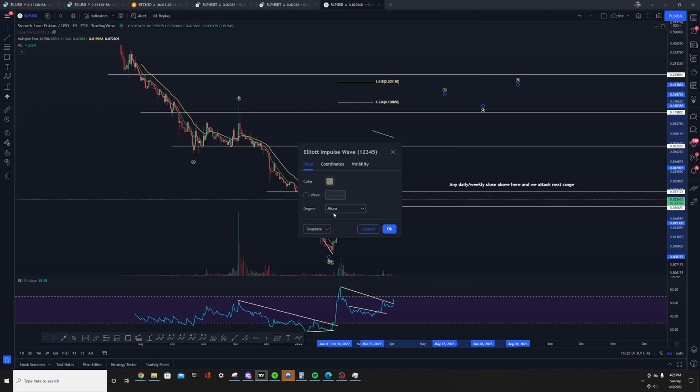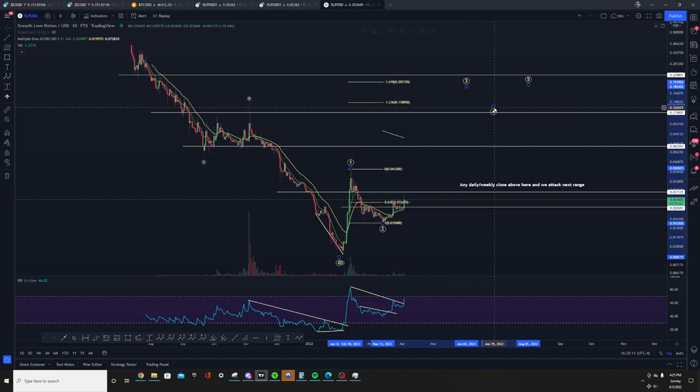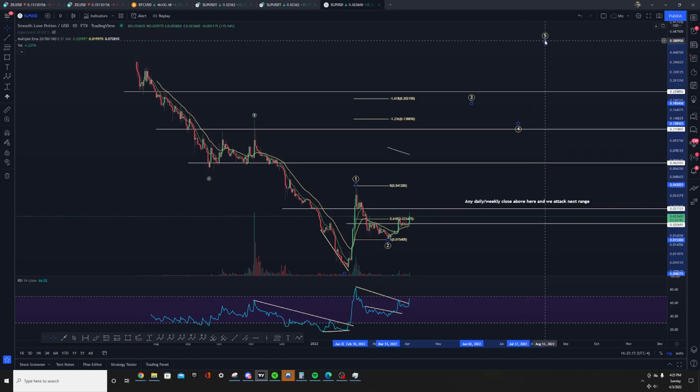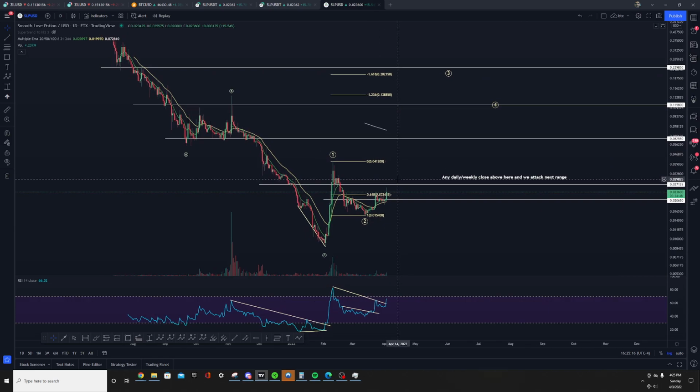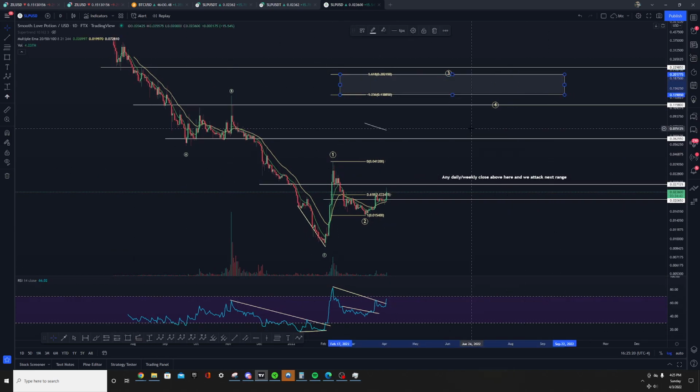Probably wave 3 is going to start an extension. So it's probably going to look like that. Let me just highlight this box, just so I know for my own personal notes.